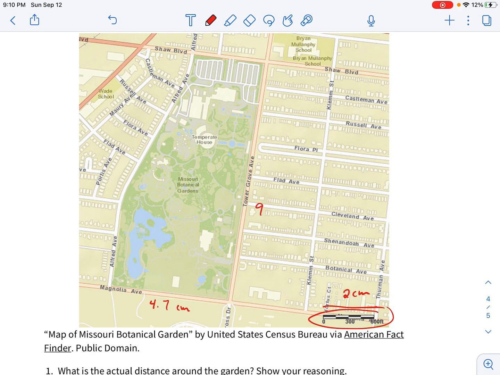Okay, that's 9.5. This is 2.9. This is about 3.5 to where it makes this jog here.